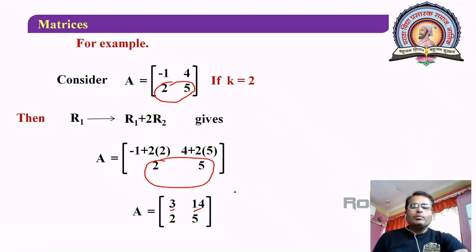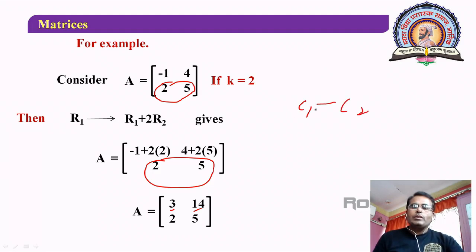The same thing is possible in the case of column transformations also. Suppose on the same matrix you use the transformation C1 minus C2.